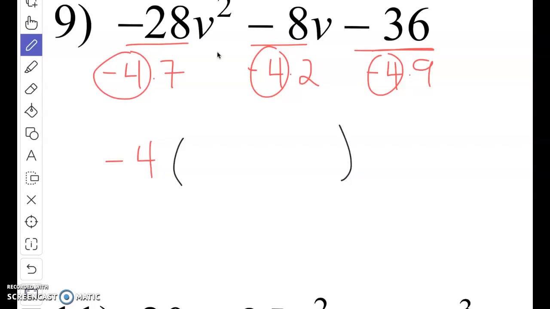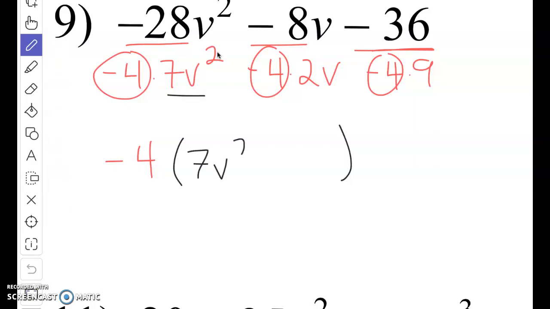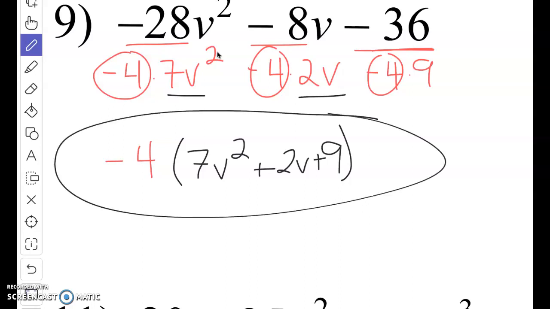So what's left over is, this has a V squared, this has a V. So the parts that are left over are going to be 7V squared plus, because I took care of the negative with the -4, 2V plus 9. And that's pretty much how you do GCF.